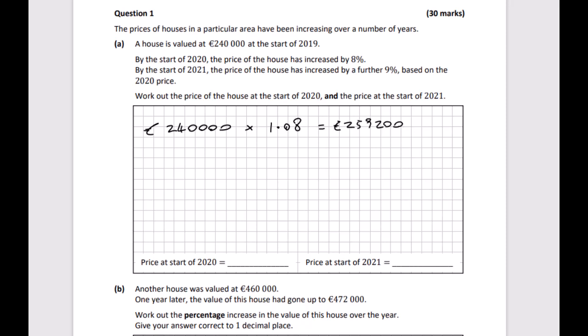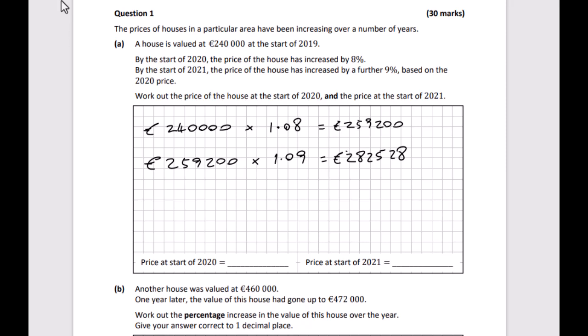euros. So you start again, then you take the 259,200 euros, and this time you want to increase that by 9%. So you multiply by 1.09 this time. When you do that, you get 282,528 euros.